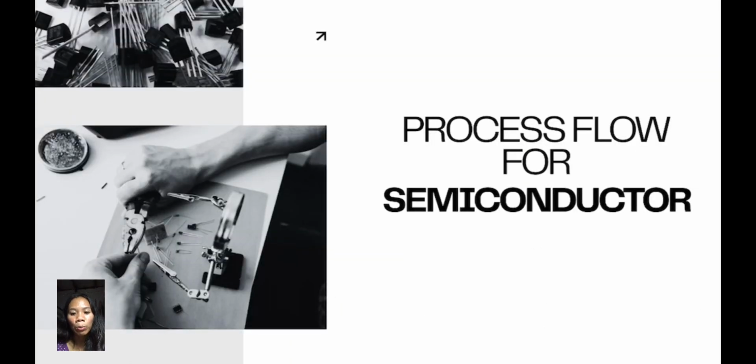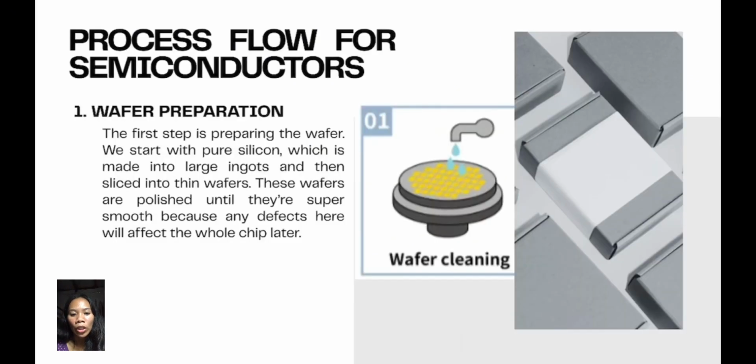And now let's proceed with the process flow of semiconductor. So the first process is wafer preparation. The first step is preparing the wafer. We start with pure silicon, which is made into large ingots and then sliced into thin wafers. These wafers are polished until they are super smooth because the defects here will affect the whole chips later.